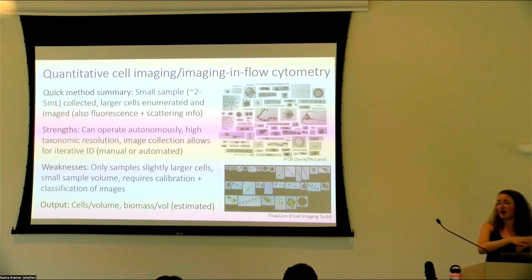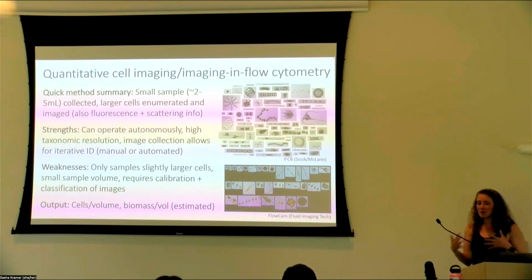So you can have an automated way of sorting those images into different categories based on their features, but that requires a little bit of oversight as a human to make sure that the machine learning is doing it the way that you expect it should be doing it.